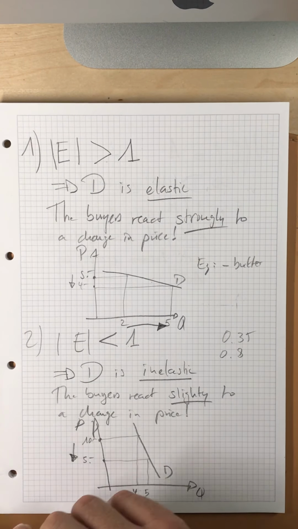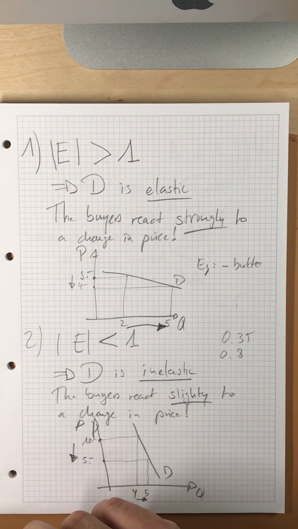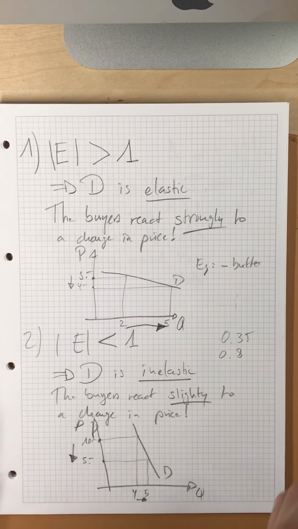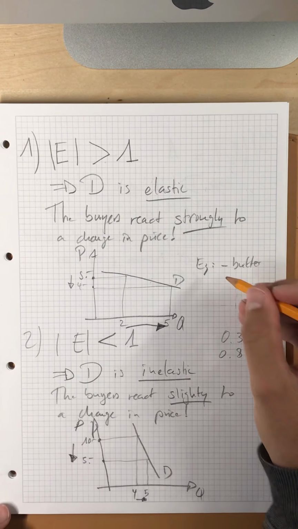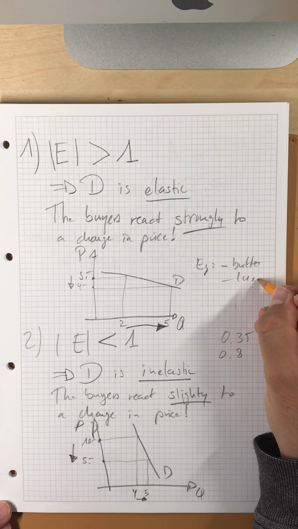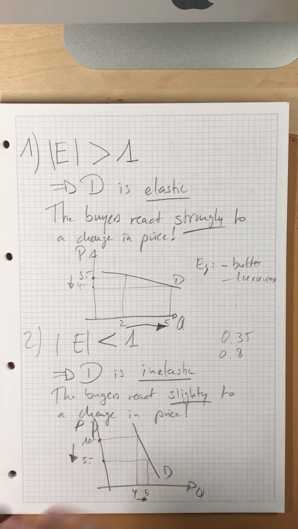If you have an increase in the oil, you won't change your habits, but in the long run, you will change your habit with your cars, etc. So the good example is kind of butter when you have near substitutes, and exactly with luxuries goods.